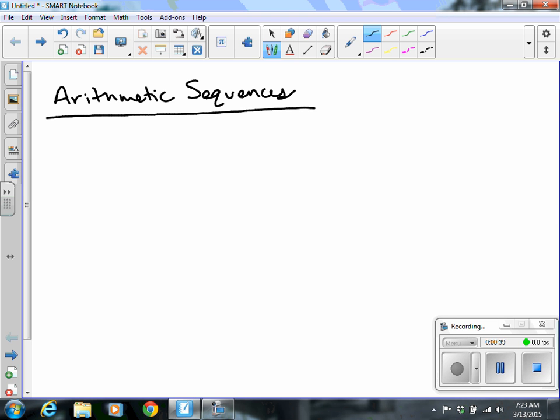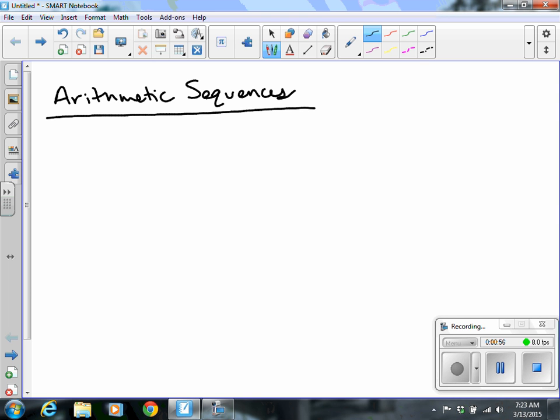Now there's arithmetic sequences and series, and then there's geometric sequences and series, and we'll be looking at all of those within this unit. So before we begin working with arithmetic sequences, we probably need to know what they are.